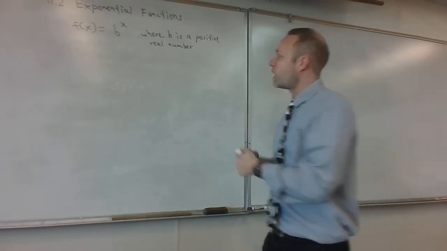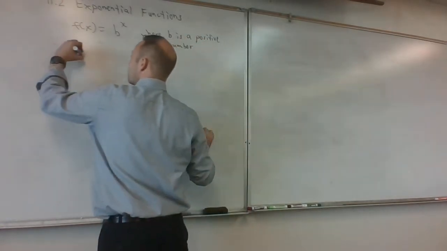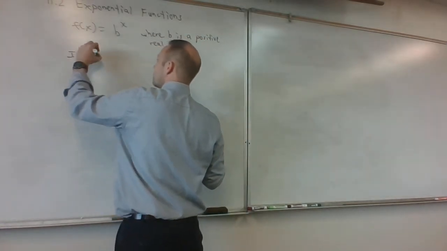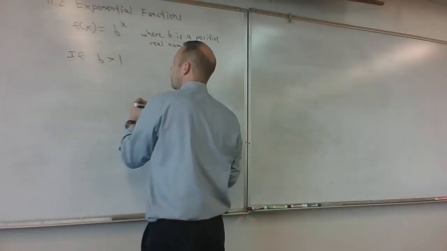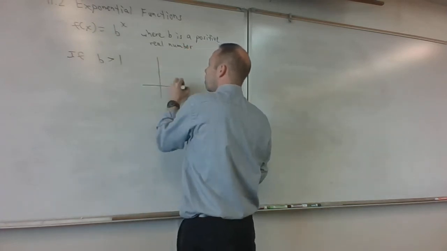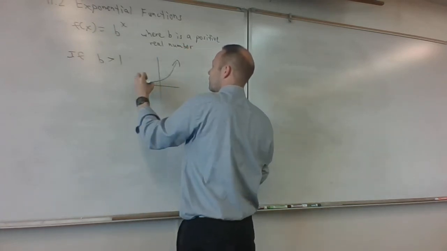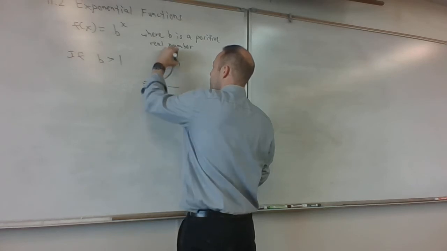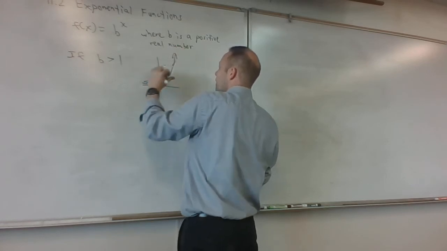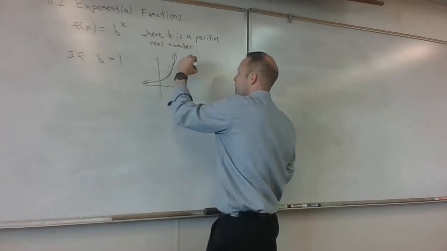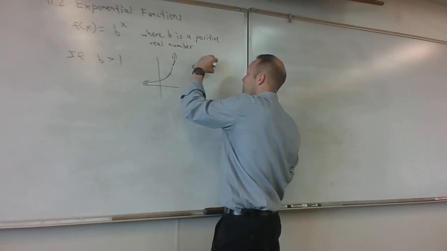The gist of graphs: if b is greater than 1, then the overall shape we get is like this. It really should go steeper and steeper as you go. So we have exponential growth.